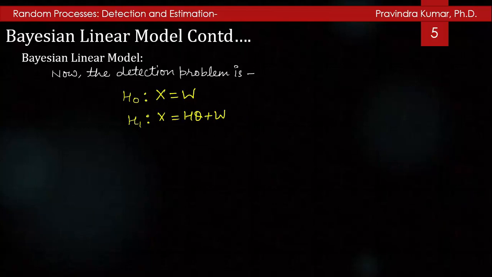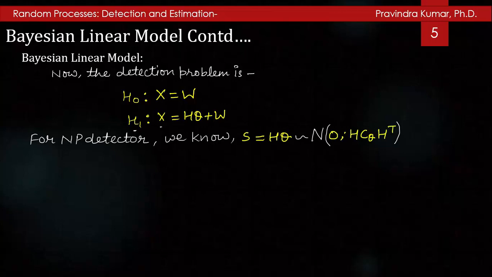H0 corresponds to x is equal to omega, and under hypothesis H1 x is equal to H theta plus omega. For the NP detector, we know S is equal to H theta, and it will be the normal random variable with mean 0 and covariance matrix H C theta H transpose.